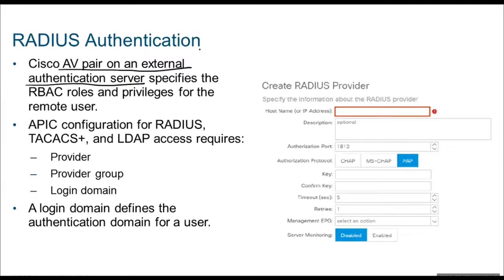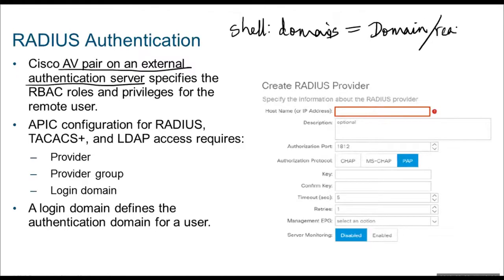That will specify, so you basically have this format, shell:domains equals, you get the domain name, slash the read or write, slash the role.